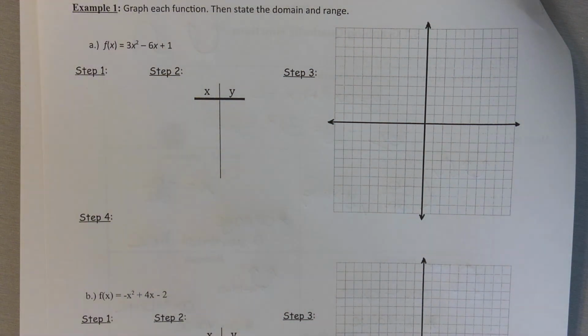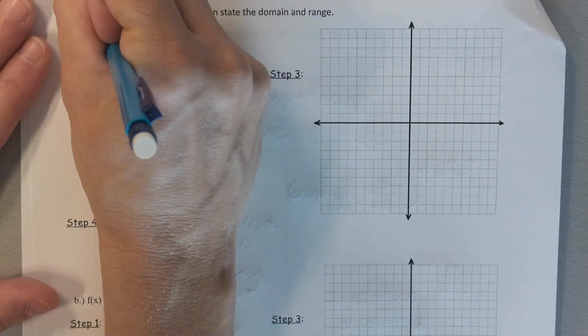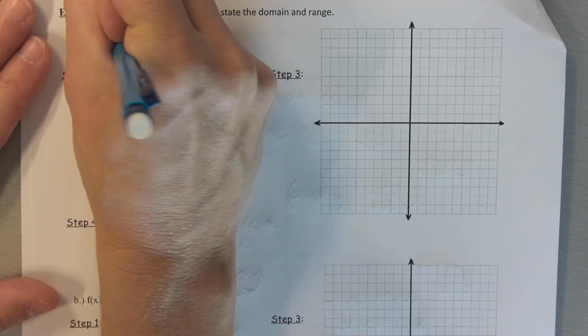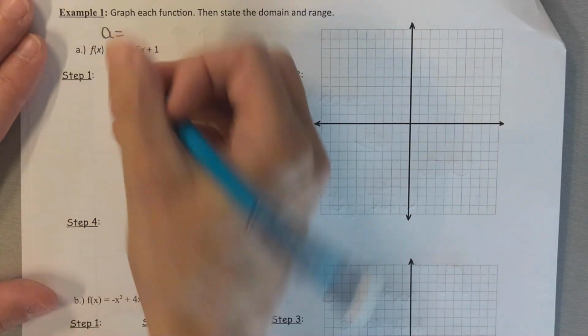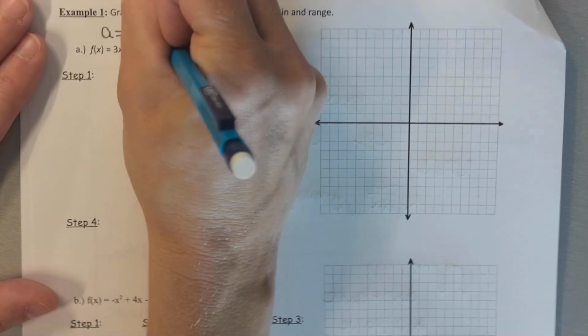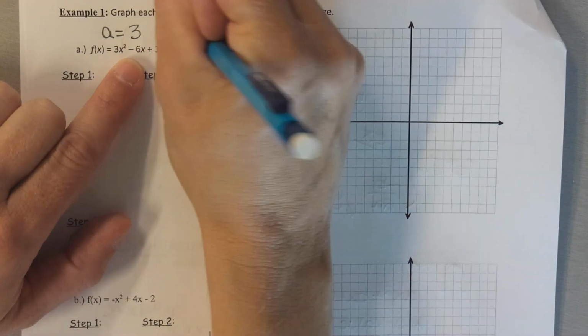All right, here we go. Let's think back through those steps. Step 1 said to find the vertex. Before I find the vertex, I want to think about my A, B, and C, because I need those to find the vertex. My A value is what's in front of x squared, so 3. My B value is what's in front of x, -6.